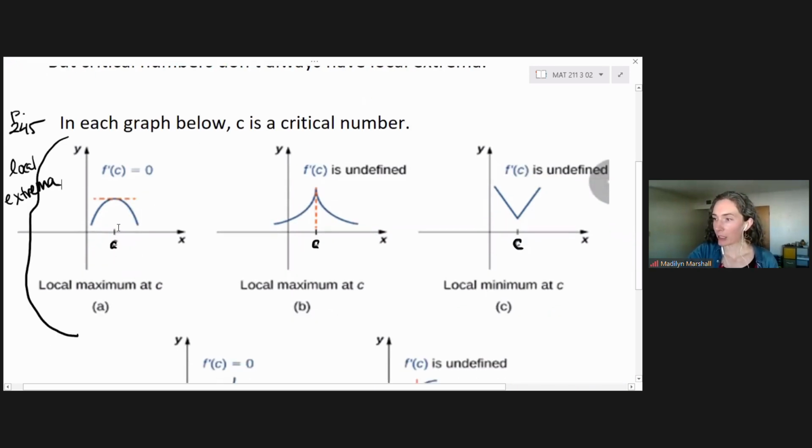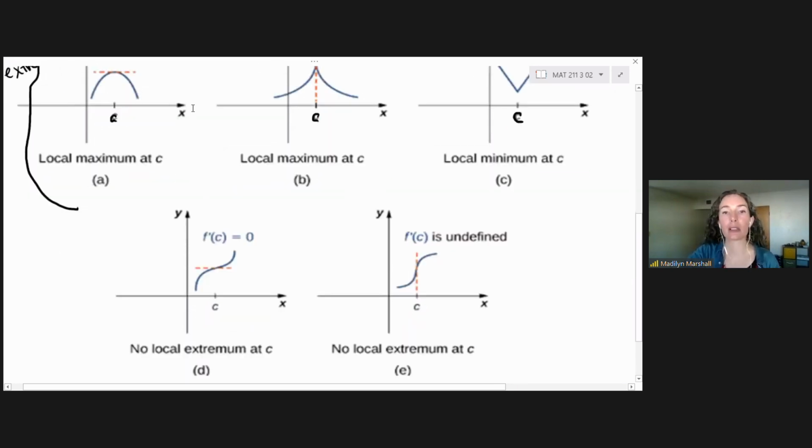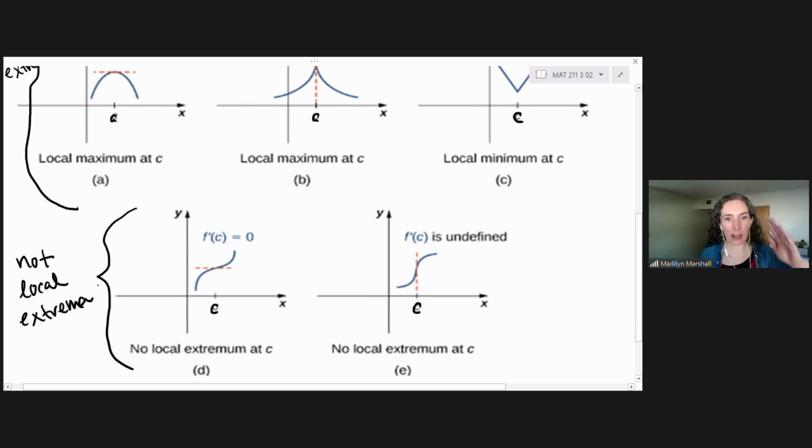Whereas, I'm going to scroll down for a bit, these bottom 2 graphs are still critical numbers. C is still a critical number here because the derivative is either 0 or undefined, but these 2 are not local extrema. In each of these, we can see the graph is stopping for a minute, but then it keeps going up.